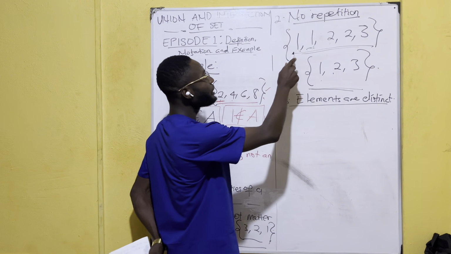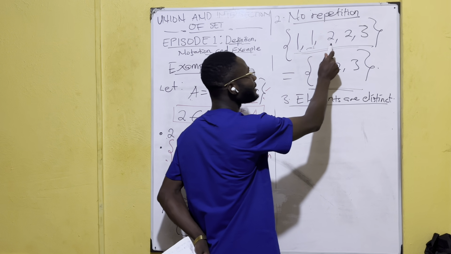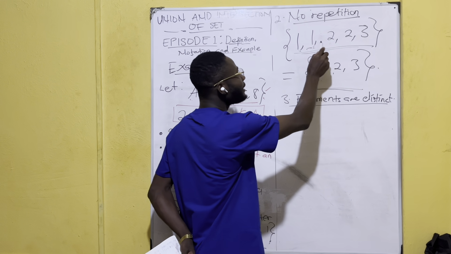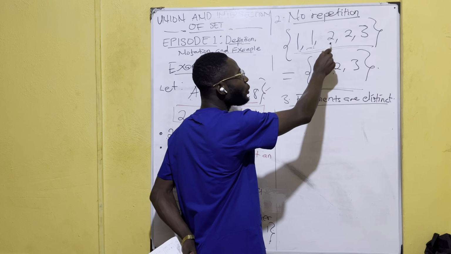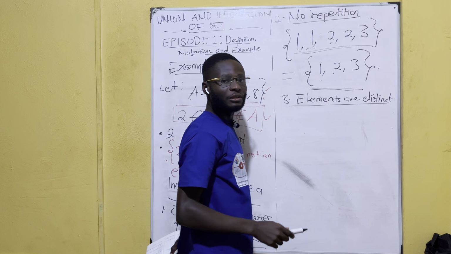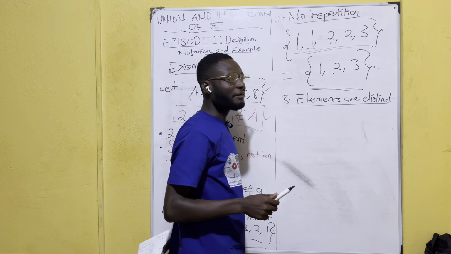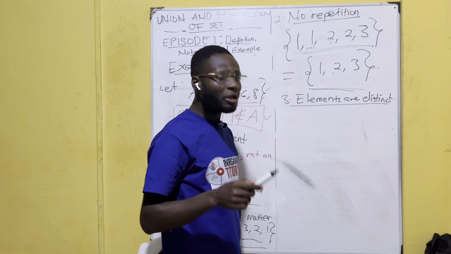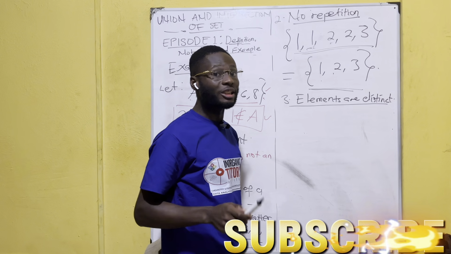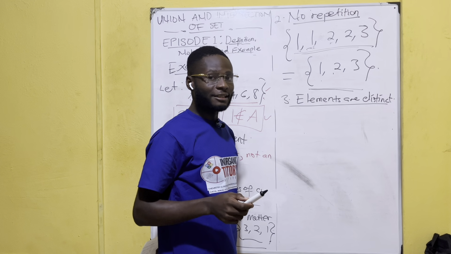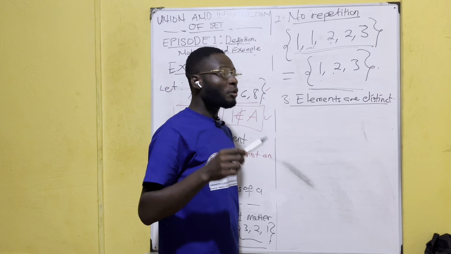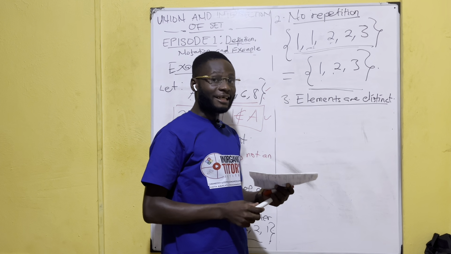You can see from here that each element is distinct. This is 2. We don't have anything like 2 again. If you are talking about 2, we only know 2 as 2. So 2 is distinct. When you look at something like natural numbers, they are distinct.